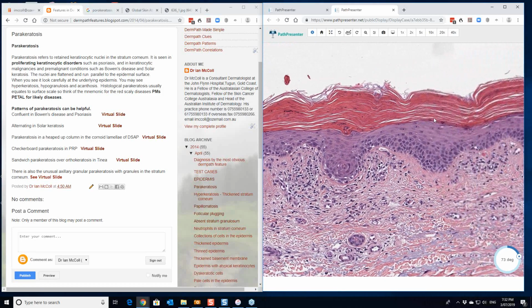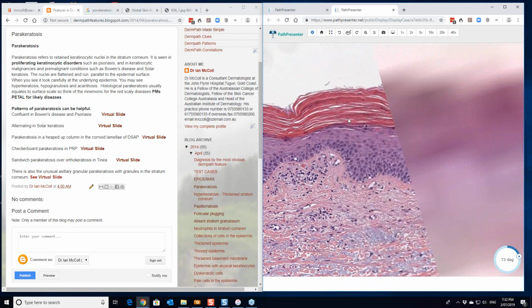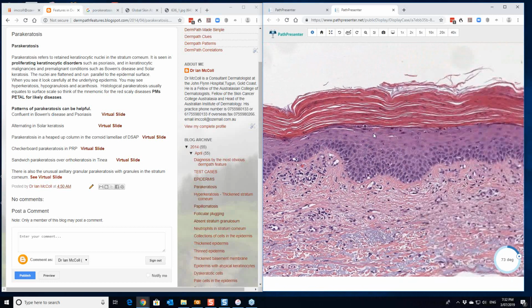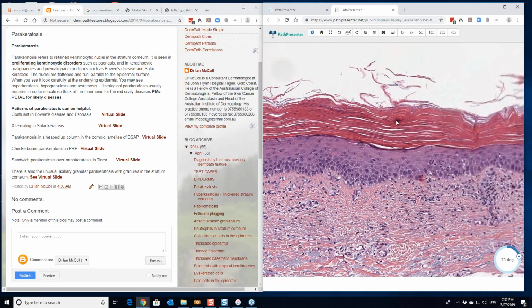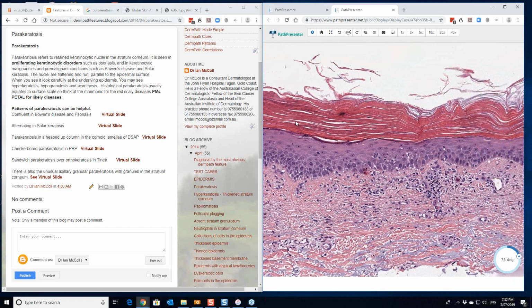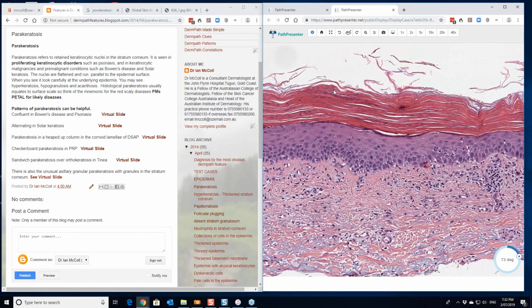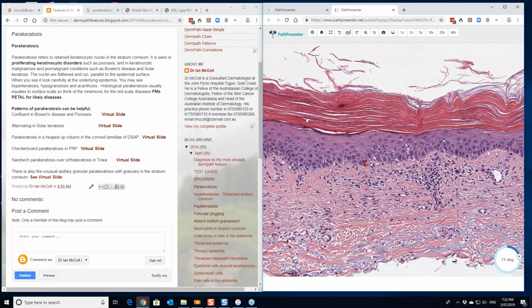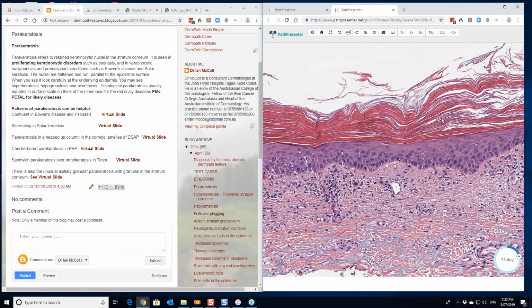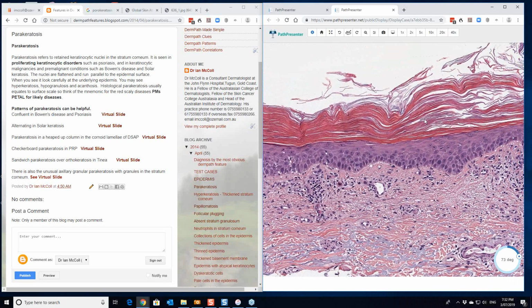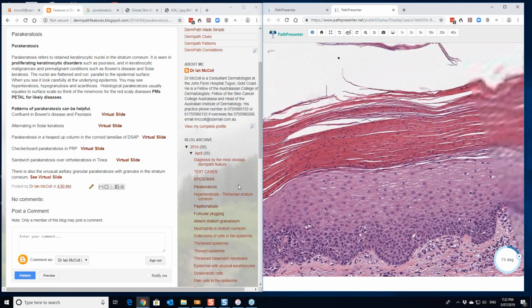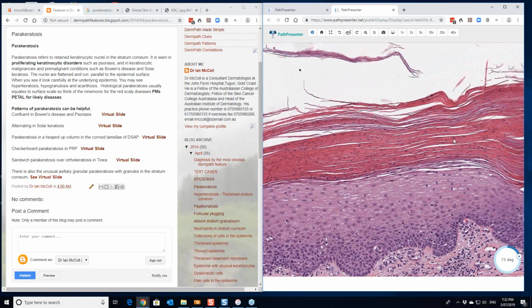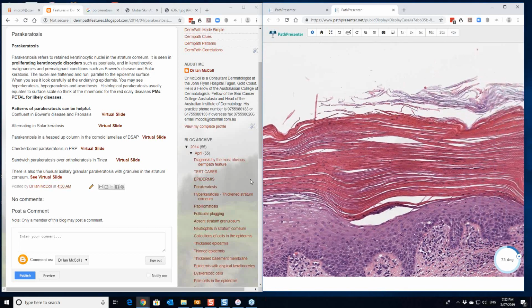But we should then get another little bit of orthokeratosis along here. You can see the obvious parakeratosis here, the retained nuclei, and then you get an area where it's clear there's no retained nuclei, so there's some orthokeratosis, then back into parakeratosis again, and sometimes you'll see it vertically as well.